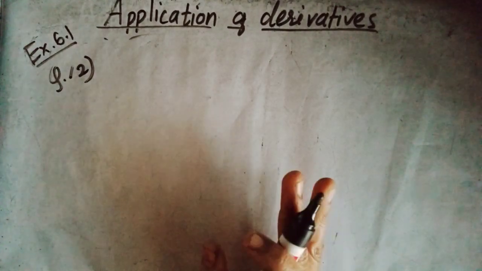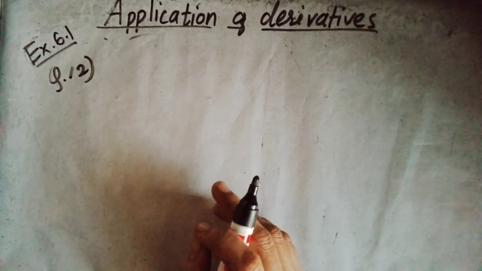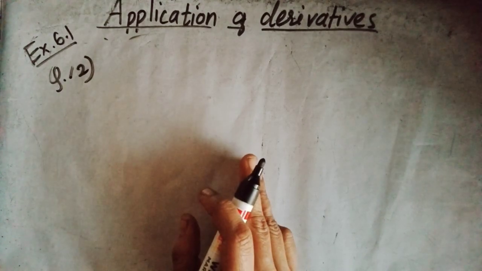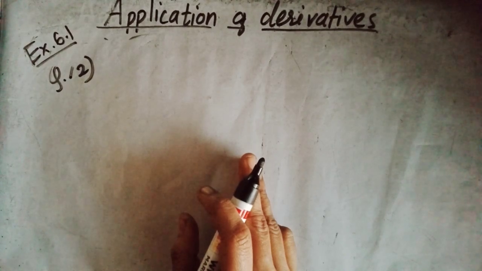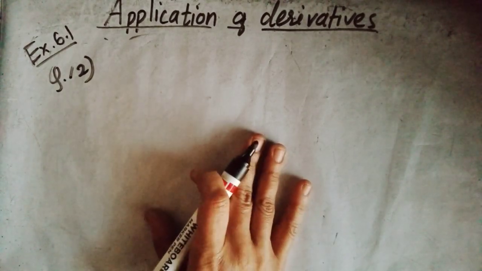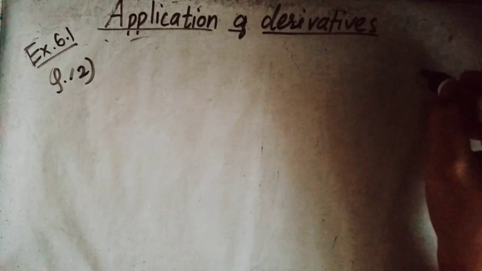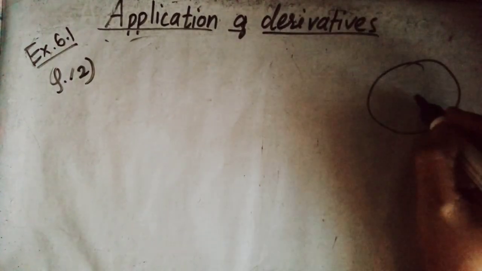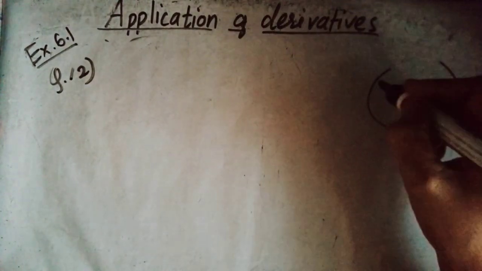Question number 12. The radius of an air bubble is increasing at the rate of half centimeter per second. At what rate is the volume of the bubble increasing when the radius is 1 centimeter? Now bubble means the sphere, right? Just like this.